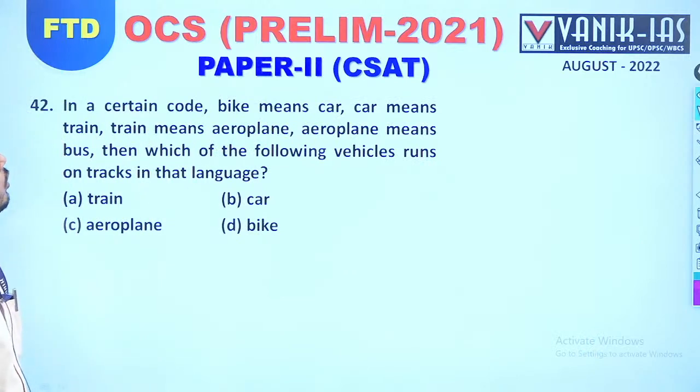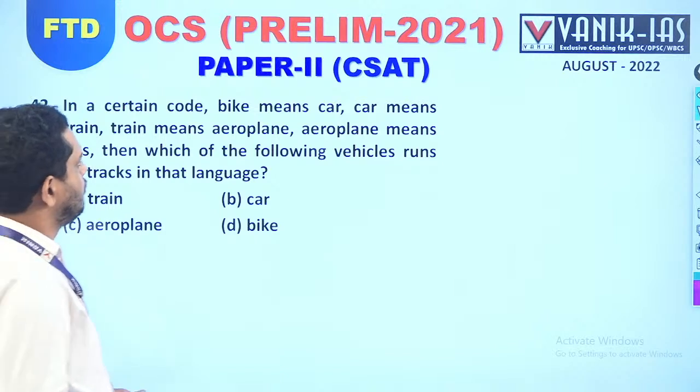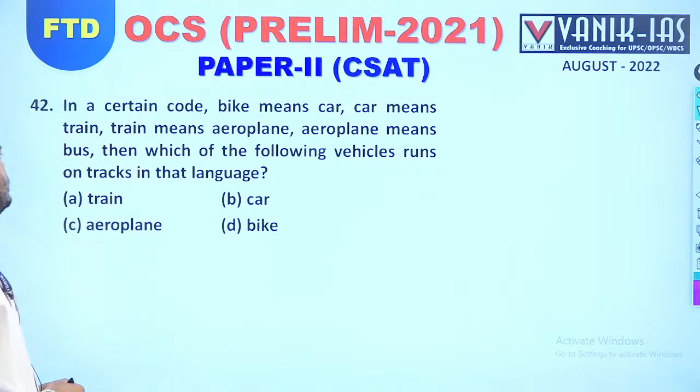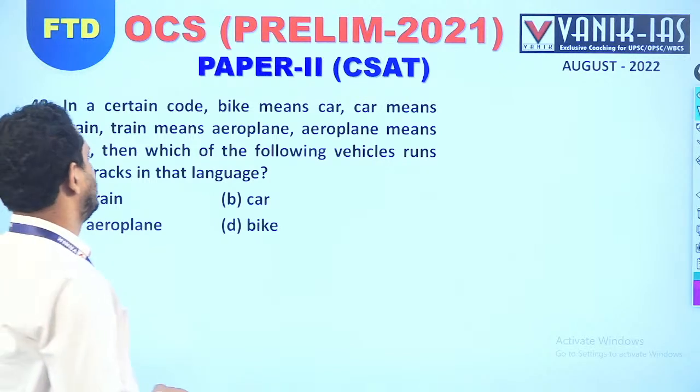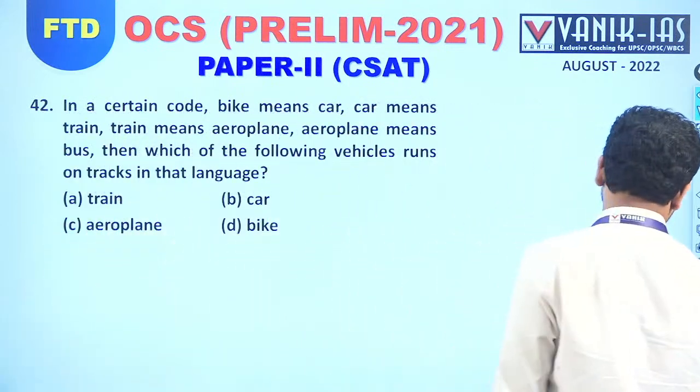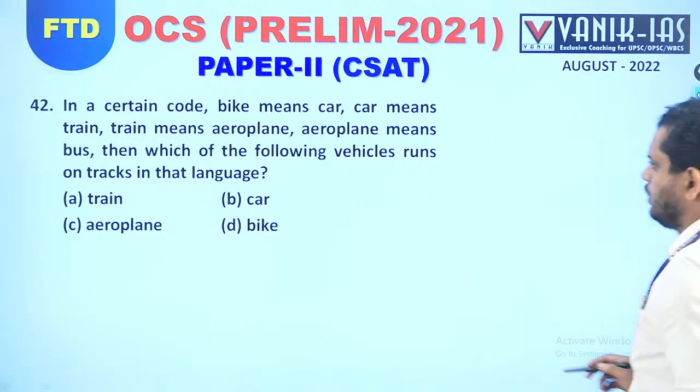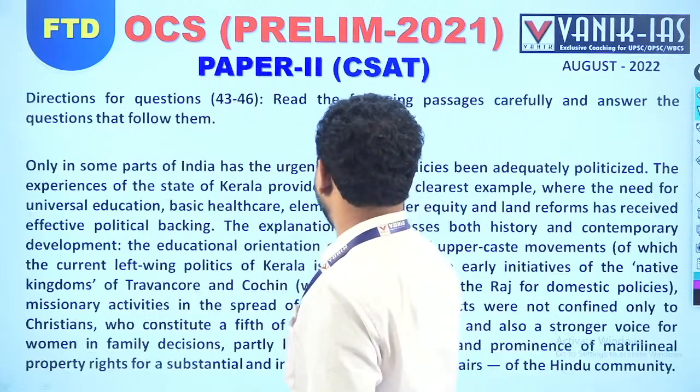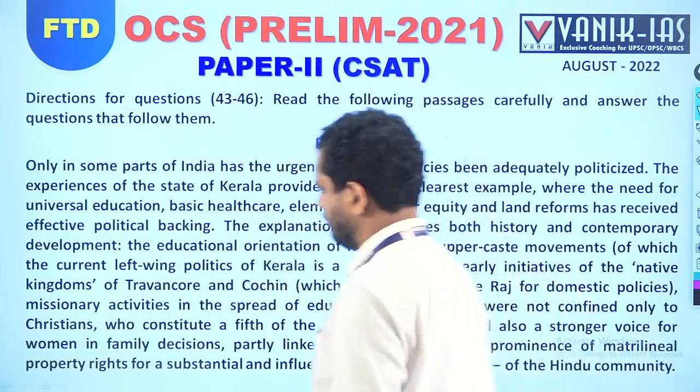In a certain code, bike means, this is friends substituted based questions. Bike means car, car means train, train means aeroplane, aeroplane means bus, then which of the following vehicle runs on tracks? So friends, what is the exact approach for this question? Think about it. You have to go for the very factual answer of the given question.